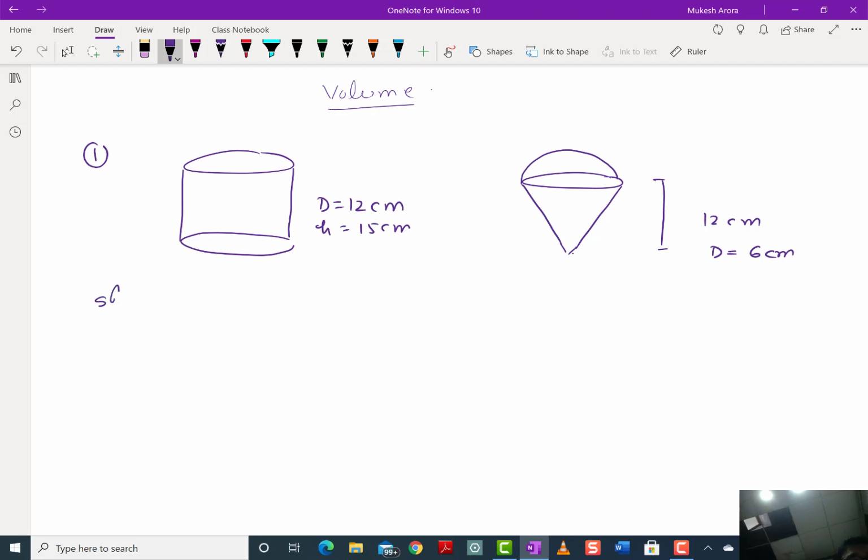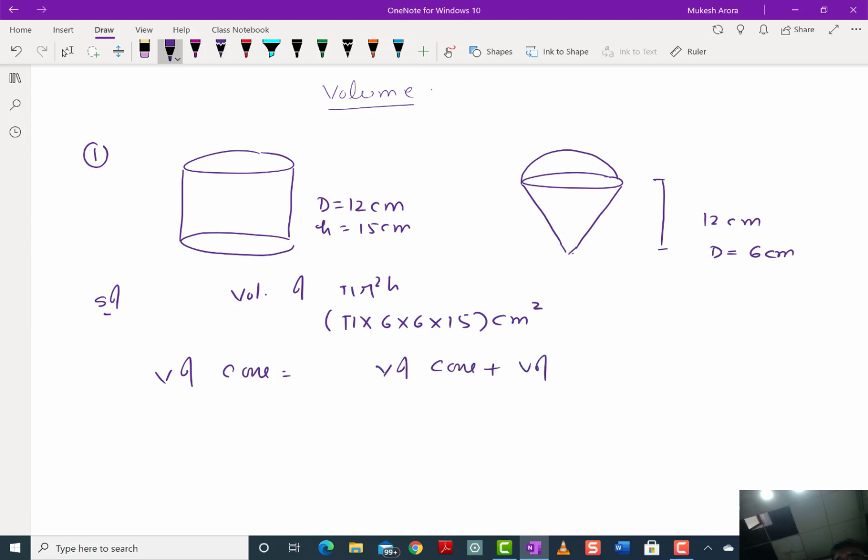First of all, we'll find the volume of the cylinder. Volume of cylinder is pi r square h, that is pi into 6 into 6 into 15 centimeter cube. Volume of one cone is equal to volume of cone plus volume of hemisphere, which is 1 upon 3 pi r square h plus 2 by 3 pi r cube. 1 by 3 pi r square is common.